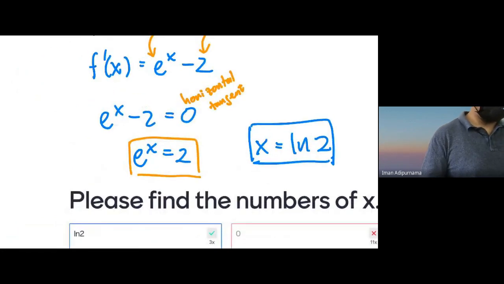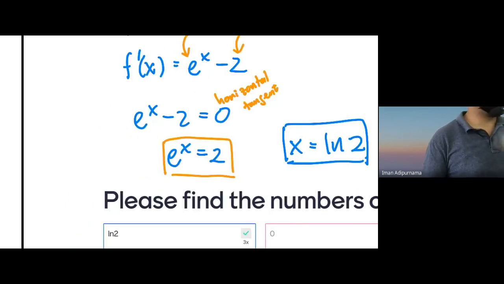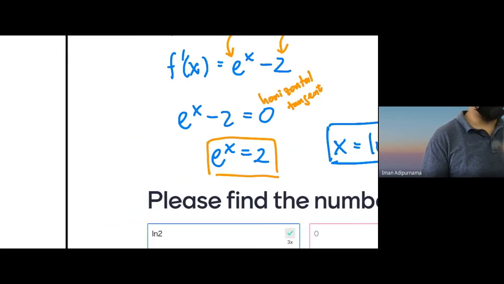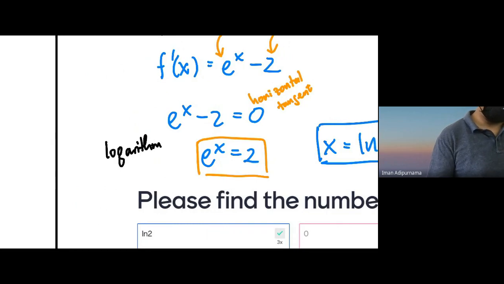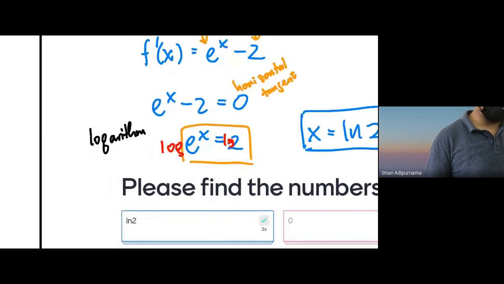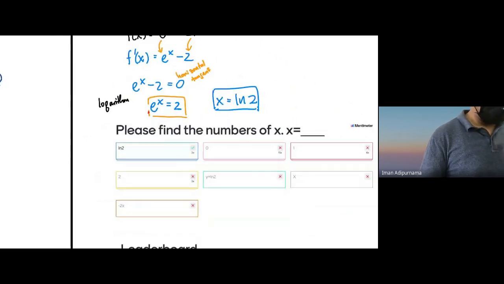If you need some review, you need to review the logarithm functions. Basically, you take the log, and then x becomes here, and this is actually ln, and that's how you get x equals ln 2.